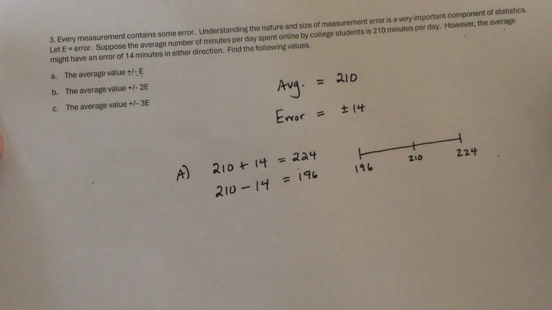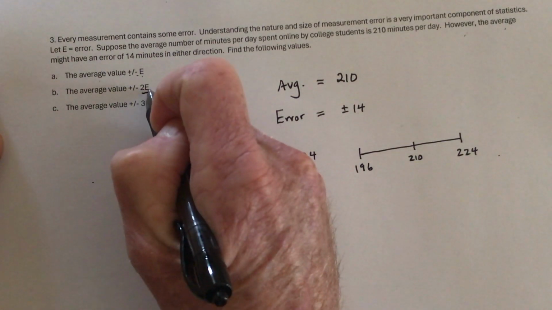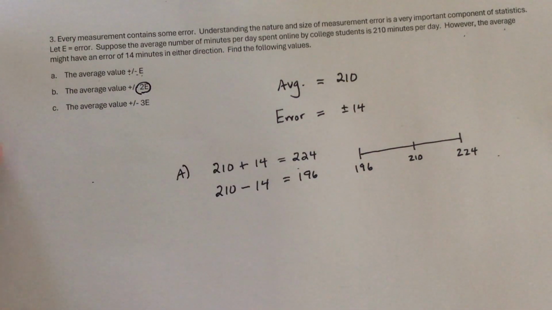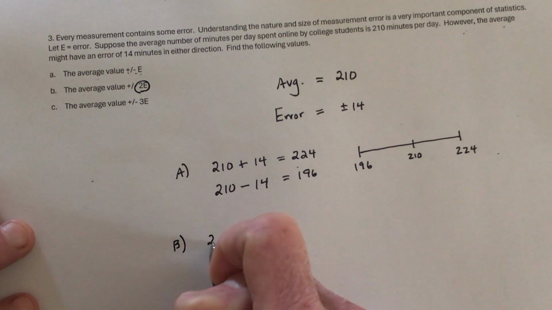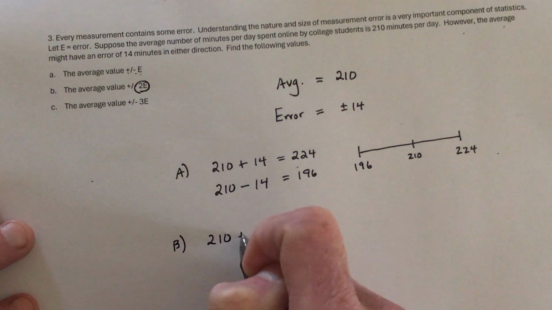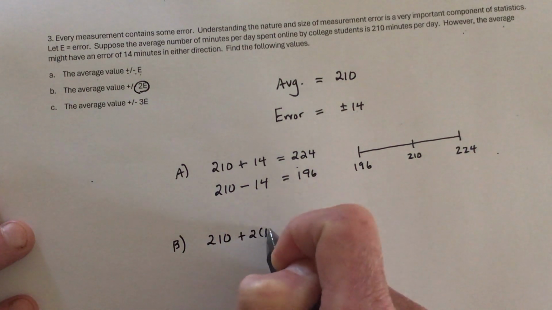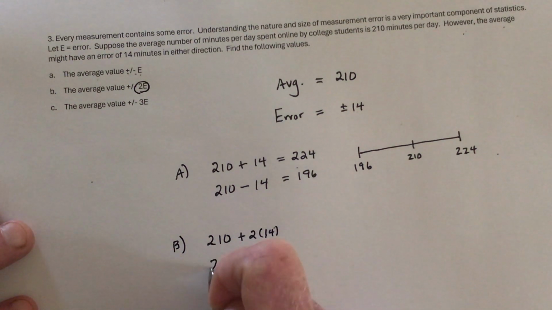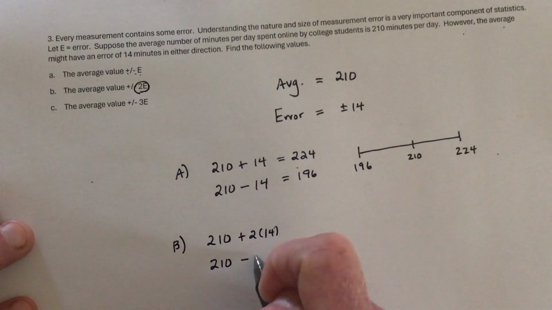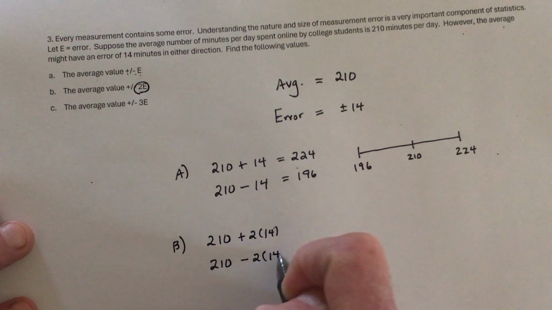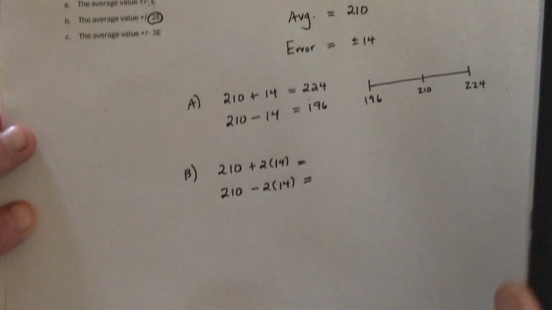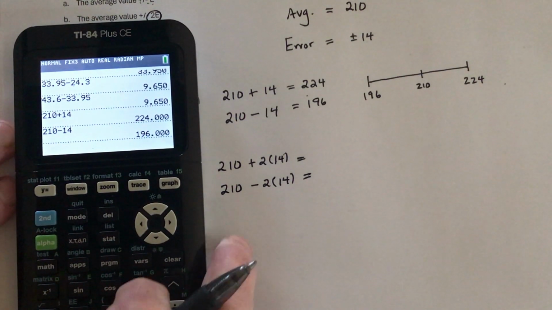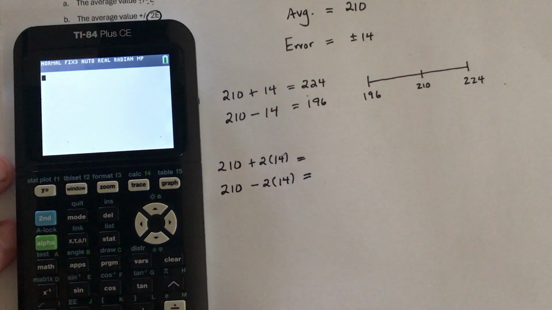All right, now do the same thing, except this one is going to have 2 times 14, so 2 times the error. So for part B, it's the 210 plus 2 times 14, and then take the 210 minus 2 times 14. So let me clear some of this out.